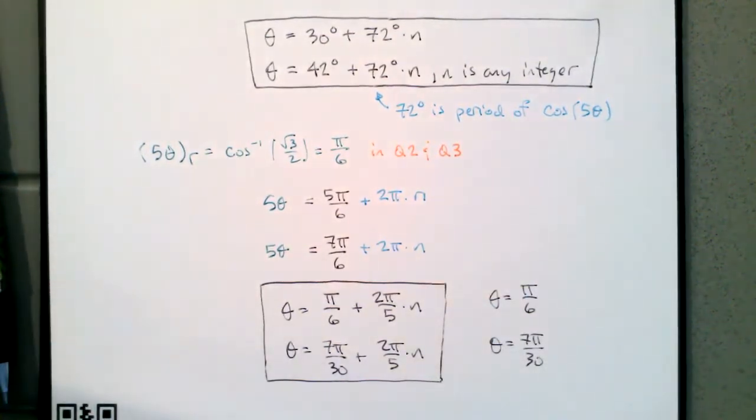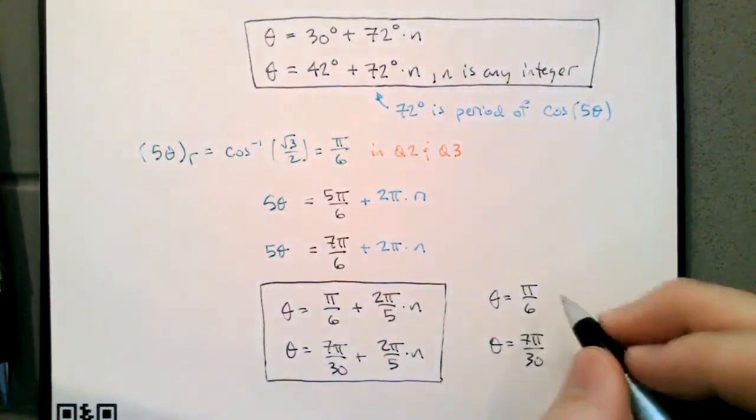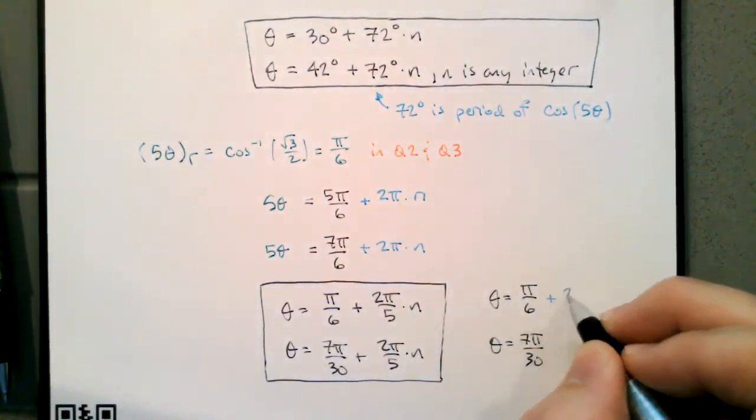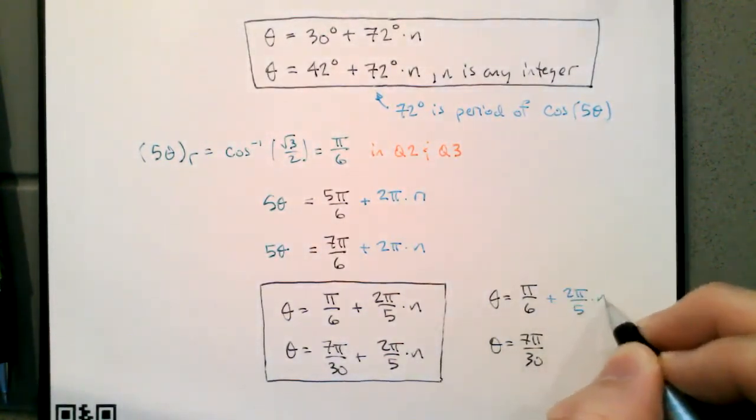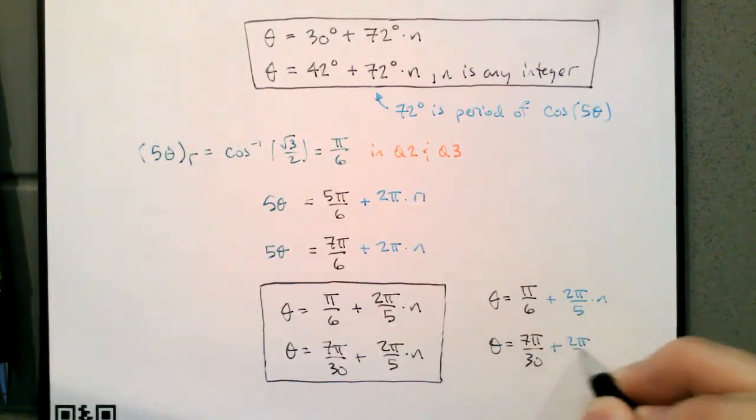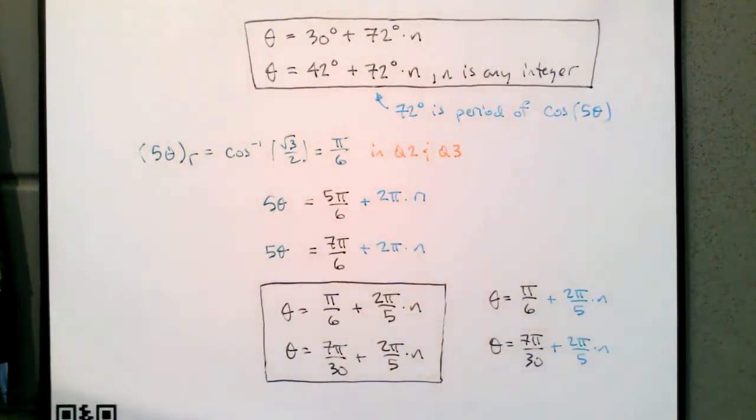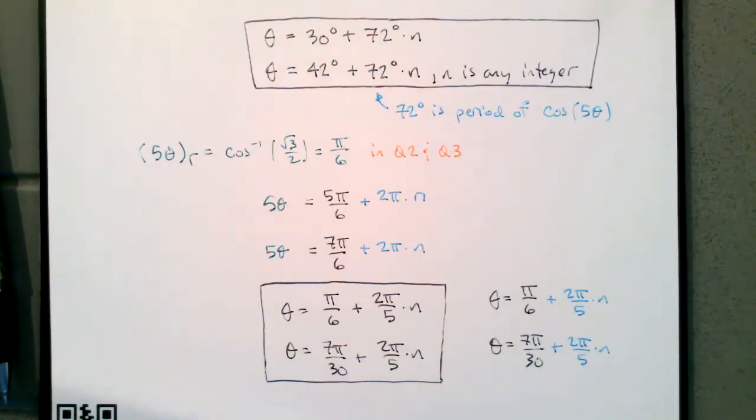And you say, but the period is not 2 pi, it's 2 pi over 5. So then you write plus 2 pi over 5 times n. Gets you to the same place. Any questions?